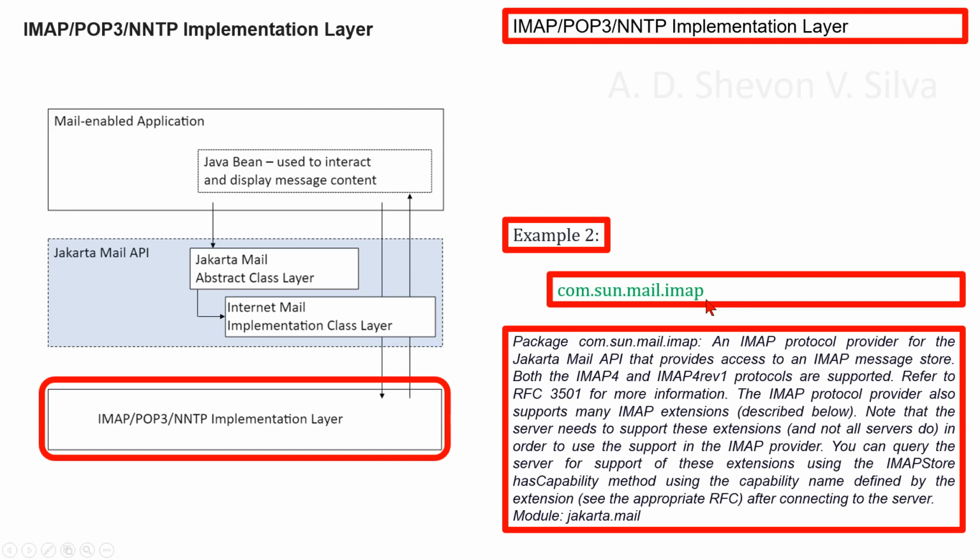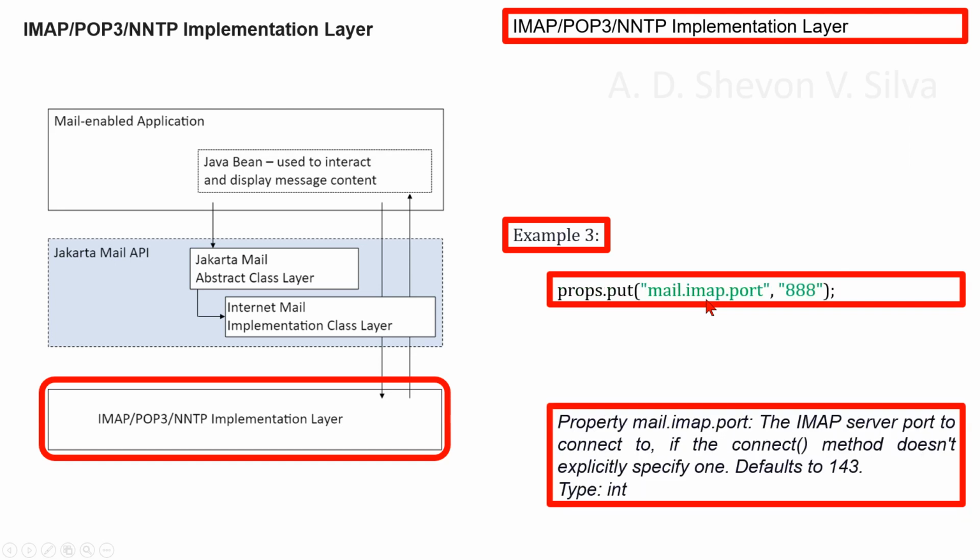Using the capability name defined by the extension, see the appropriate RFC after connecting to the server. This package is in the module jakarta.mail. As an example 3, we can consider this code segment.